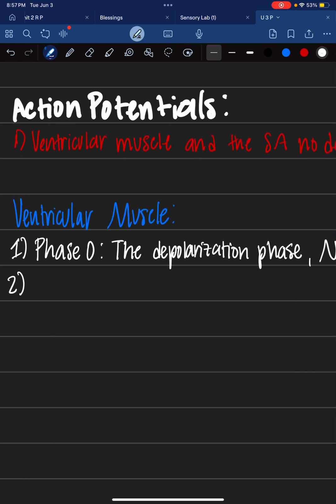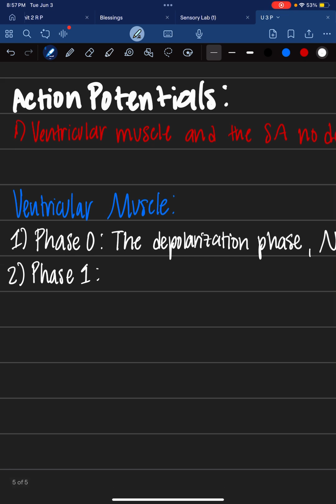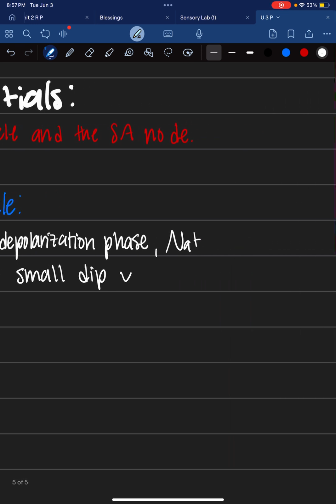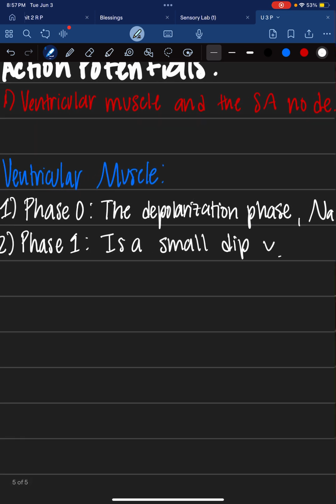And then we have phase 1. And this is a small dip, kind of like that. And this occurs because potassium goes outward.